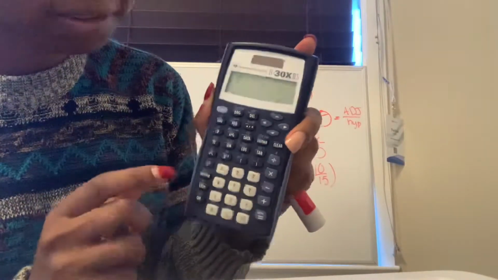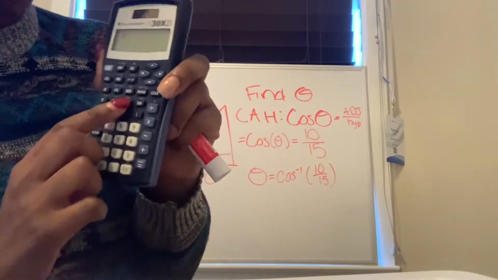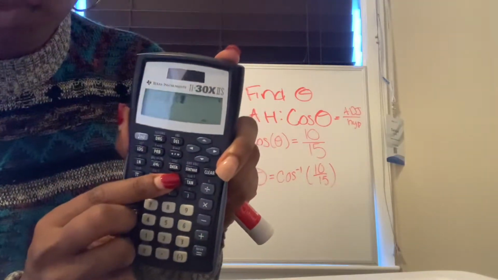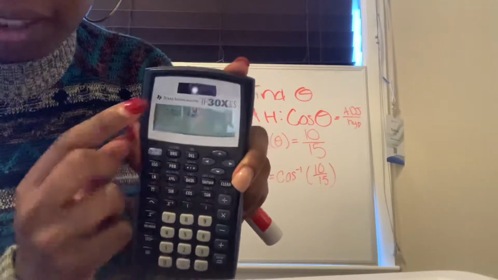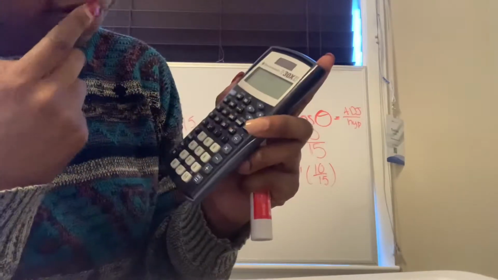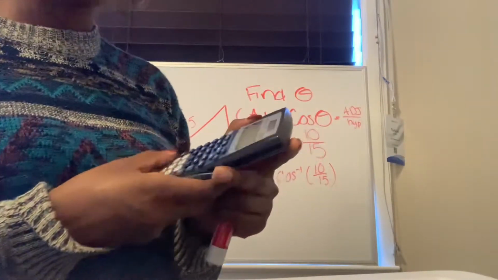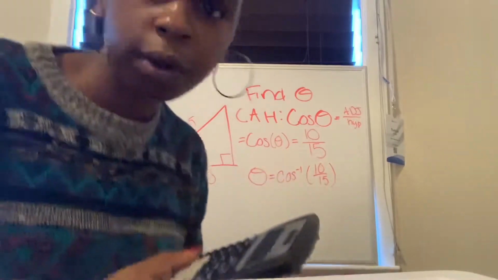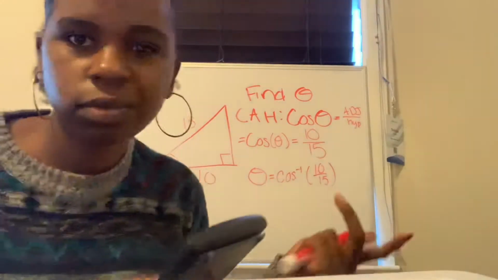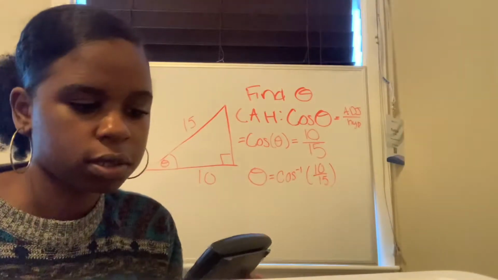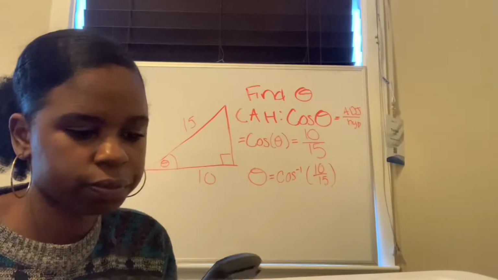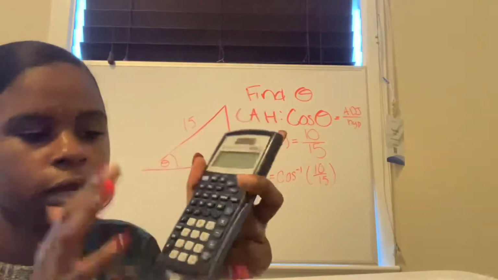Excuse my nails. So the second button is hit, taking the inverse of cosine. And you'll know you hit the right button if this -1 comes up. And then you can reduce it, have it in decimal form, but I'm just gonna leave it as is. So 10 over 15. Okay, and then you just hit enter.